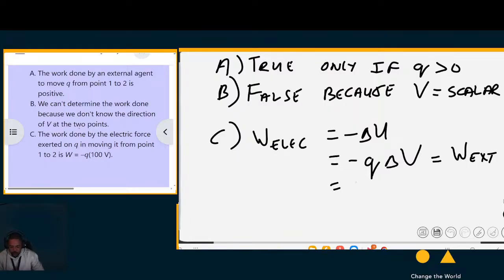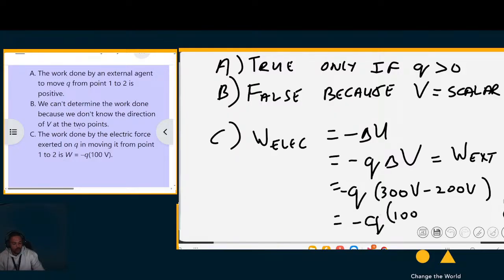So it is negative Q times 300 volts minus 200 volts. That's equal to negative Q 100 volts. Okay, so that is the electric work. The work done by the electric force will always be negative Q 100 volts.